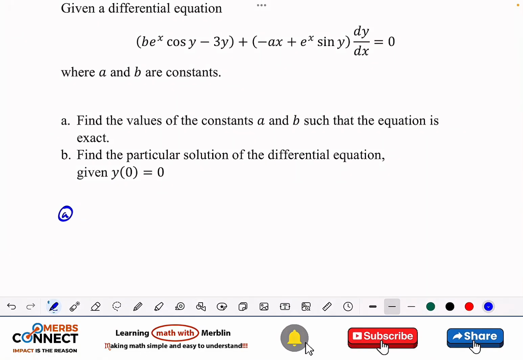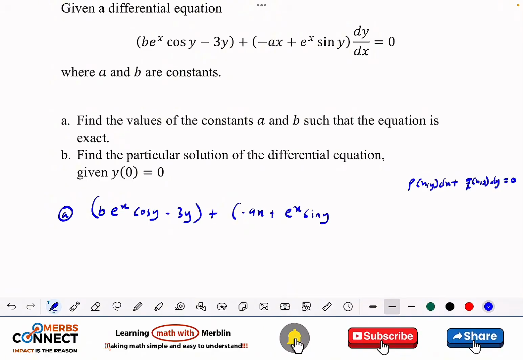Now first we need to write this in the form P(x,y) dx + Q(x,y) dy = 0. So let's do that. (b e^x cos y - 3y) + (-ax + e^x sin y) dy/dx.